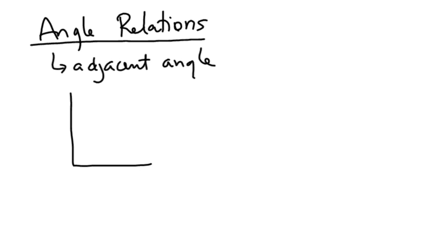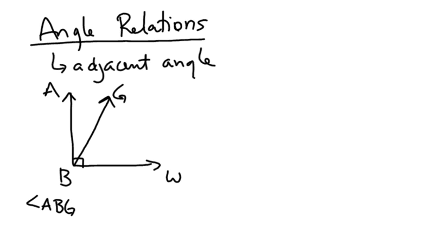So if I have a 90-degree angle, but I put another ray in there, and I label it, I have two different angles making up one bigger angle. Here we have angle ABG, and we have angle GBW.